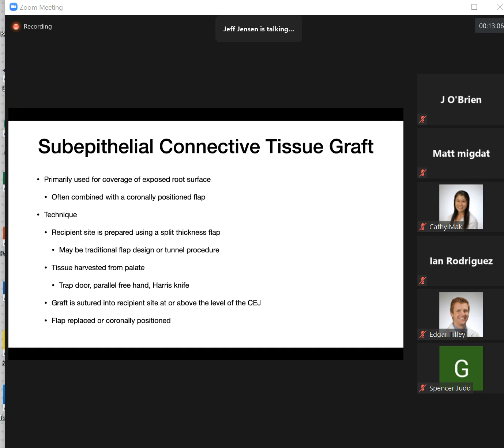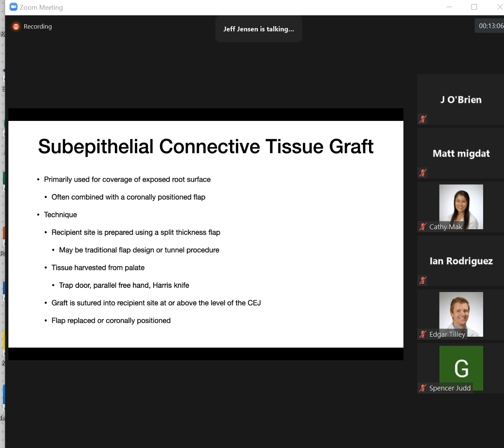This is a tunnel procedure. I've made incisions in the interproximal, so I'm not cutting through this papilla. I'm just doing an incision around the tooth, here, here, and here.